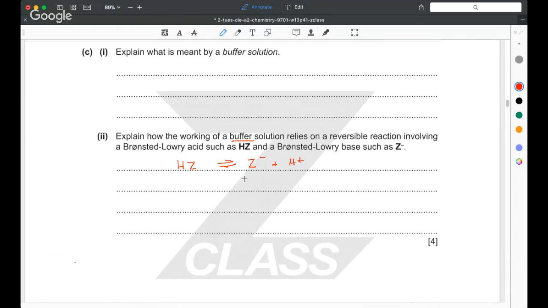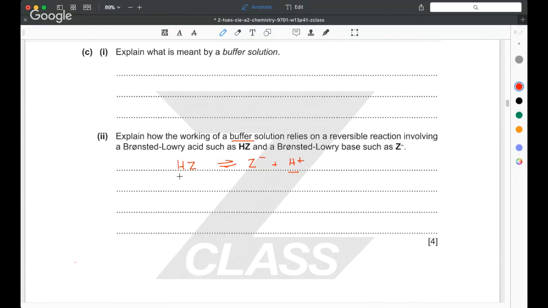And what happens is that if you add more acid, hydrogen ions, all that happens is the hydrogen ions that you added then just get bound to the conjugate base and form the undissociated acid over here. And so that uses up the additional acid that you just added.